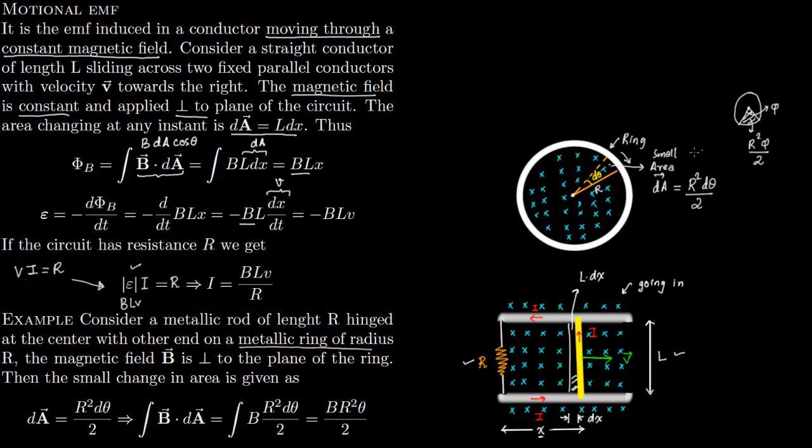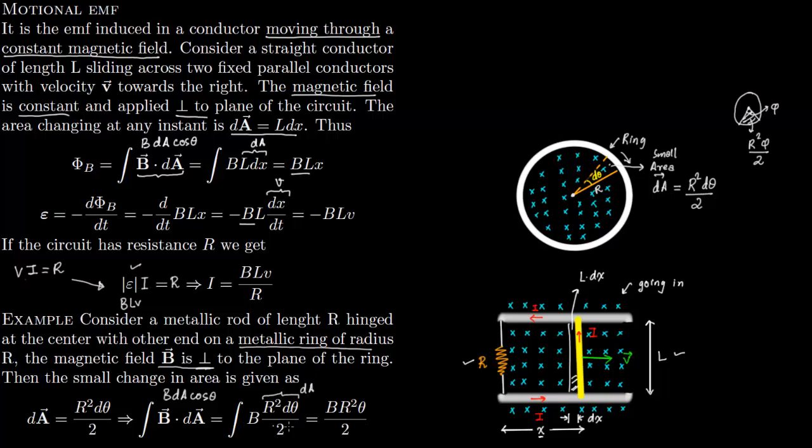So that is the area of the sector. Again you have B vector dot dA vector. This becomes B dA cos theta. Again we have said the magnetic field is perpendicular, so cos theta becomes 1. You just have B dA.